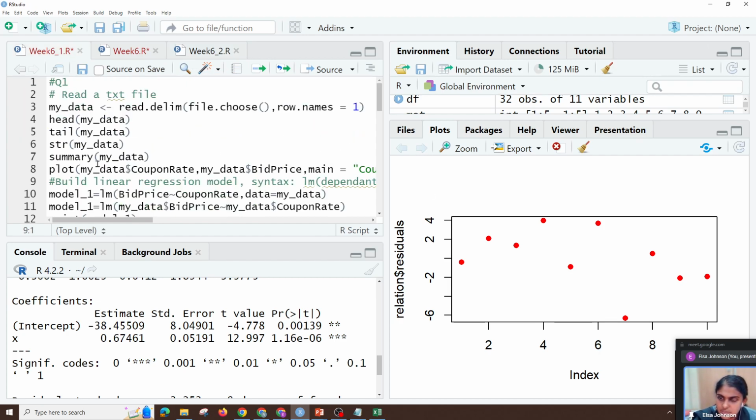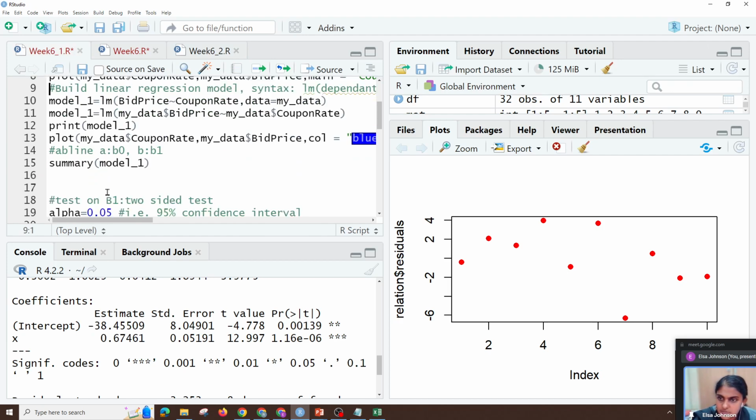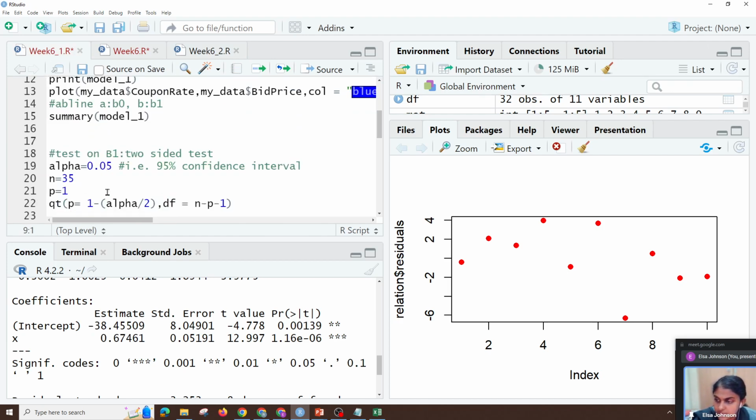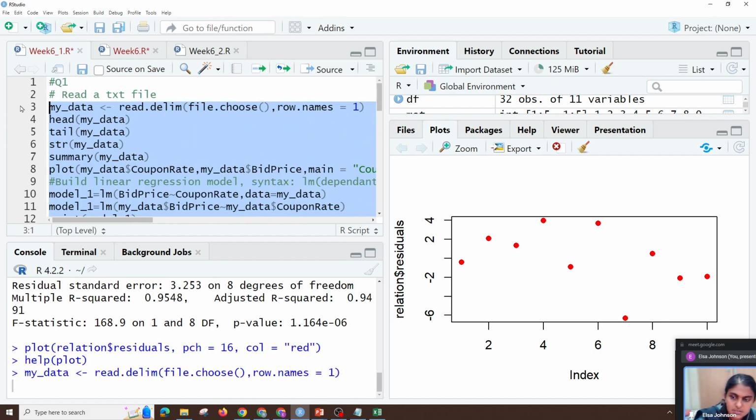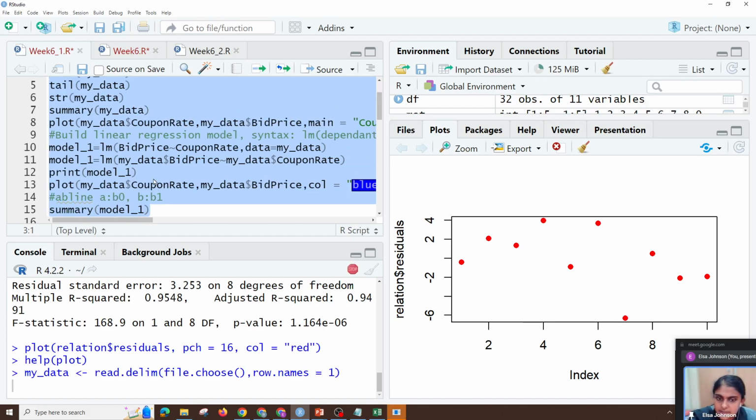I'll just discuss some other things which were explained in the lectures. This is for a two-sided test, if you want to find the quantile value for a 95% confidence interval. Let me run the previous things together.